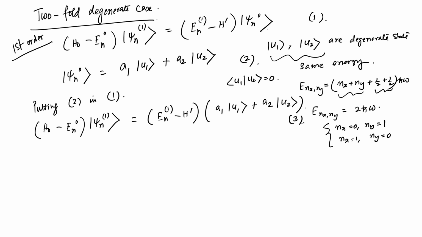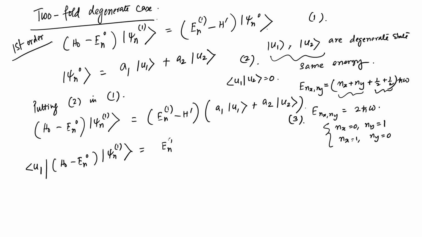Now, what we can do is take an overlap. When I say overlap, what I mean is that you operate it by the conjugate of some wave function. In this case, it is the conjugate of u1, that is the bra of u1. So, operate it with this on both sides. So, this will be H0 minus En0 on psi n1. En1 you do not need to worry about because it is just a number.